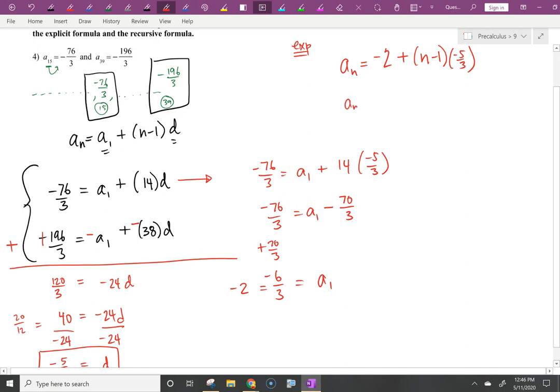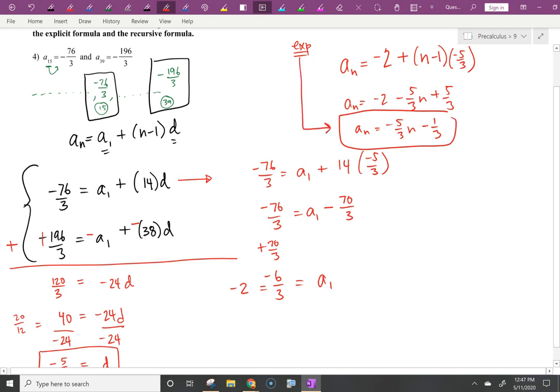I could say an equals negative 2 minus 5 thirds n plus 5 thirds. And then negative 2 and 5 thirds need to be added together. That would be negative 6 thirds plus 5 thirds, which is negative a third. So an equals negative 5 thirds n minus a third. So there's my explicit formula.